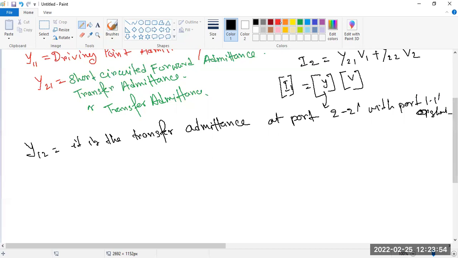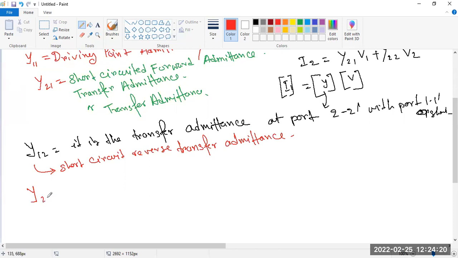It has a specific name: short circuit reverse transfer admittance.